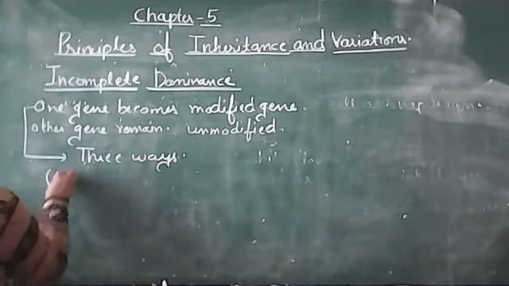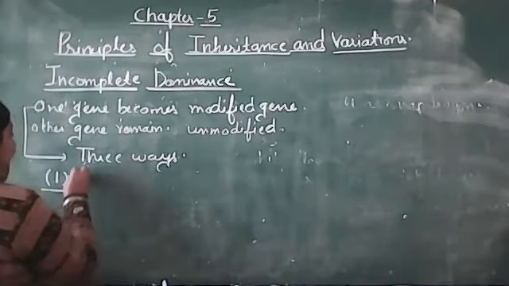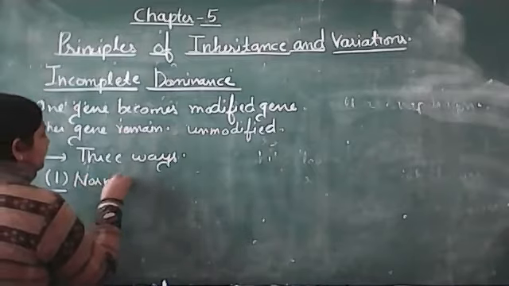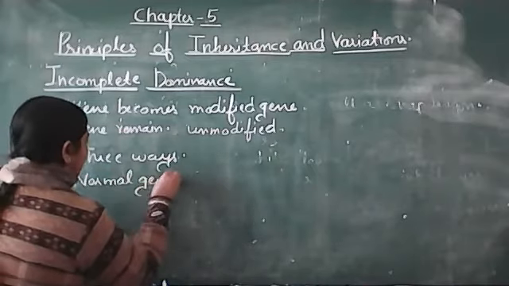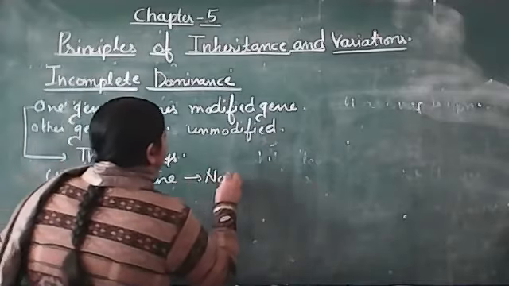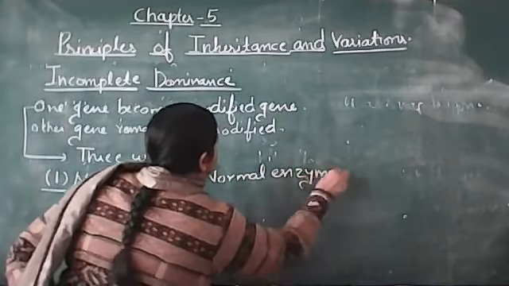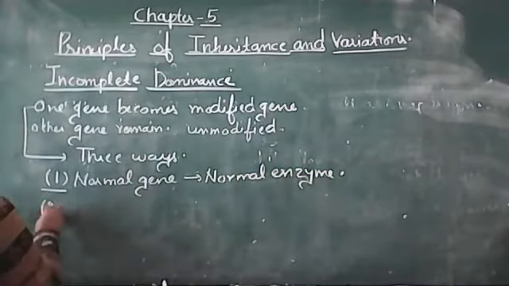So the first thing is this modified gene can behave as a normal gene, and if it behaves as a normal gene, then it produces the normal type of enzyme. What is the second case?